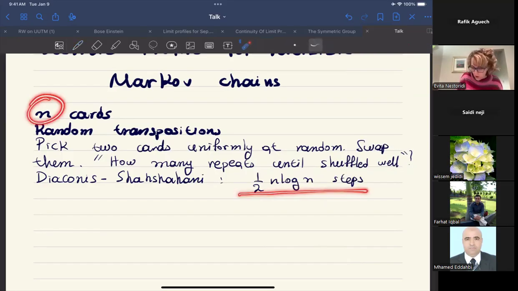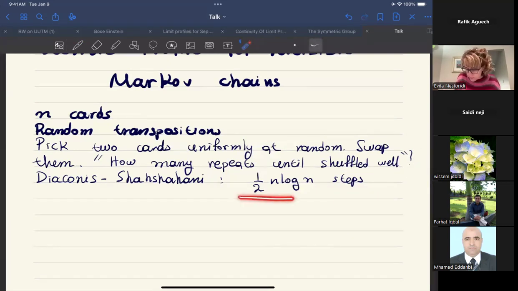So if you have n cards and you perform this specific randomized algorithm, you need 1/2 n log n steps to shuffle well. And you will notice that this is forever. This is very, very long. So of course, this isn't the way that we actually recommend that people shuffle a deck of cards. So why would we care about this card shuffle? Well, two reasons. One, there could be more, but two reasons are: one, this is the best approximation model to how genes behave in DNA sequences.